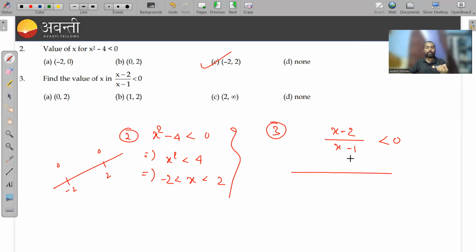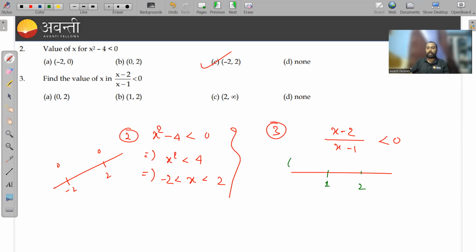The points where the function is not defined and where the function becomes 0: one point is 1, another point is 2, right? So here we are getting 3 intervals. One is 0 to 1, another is 1 to 2, and the next one is 2 to 3.